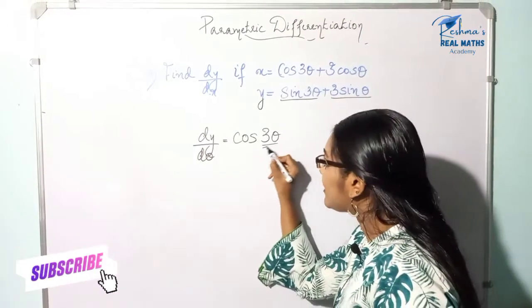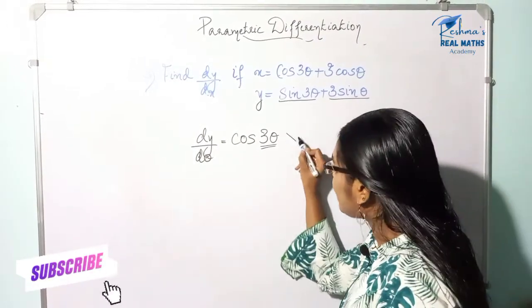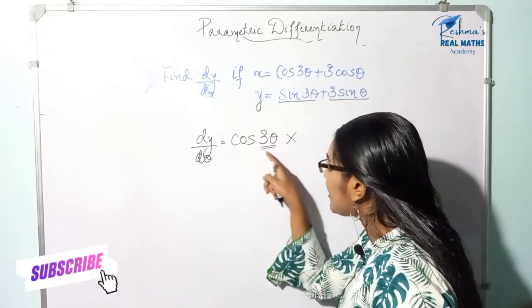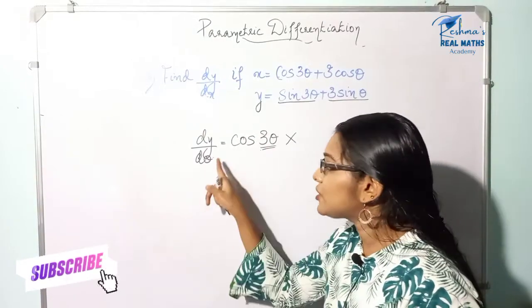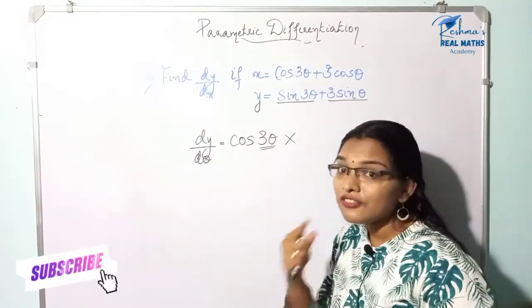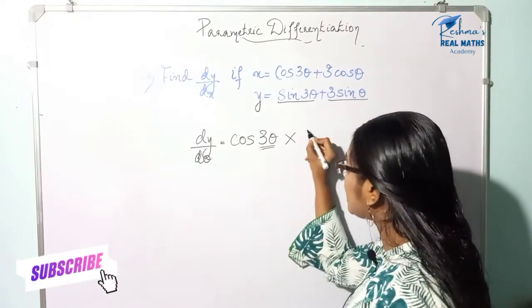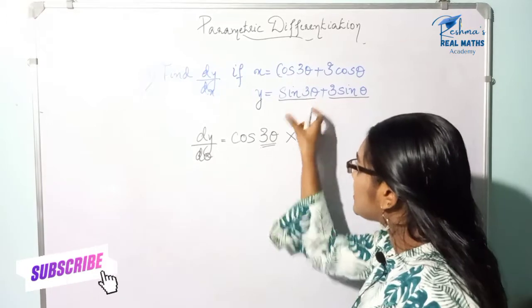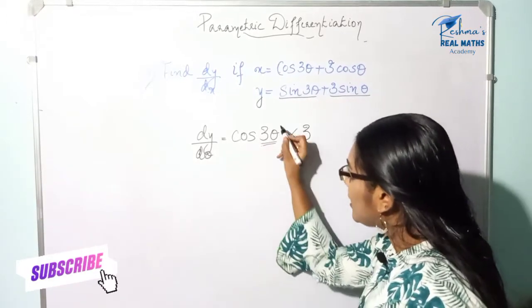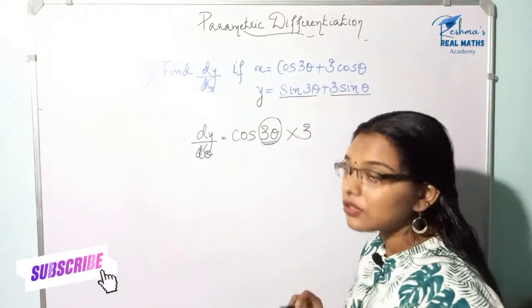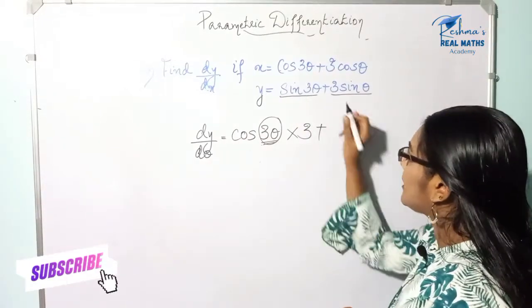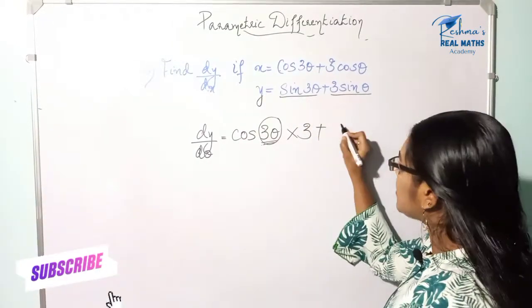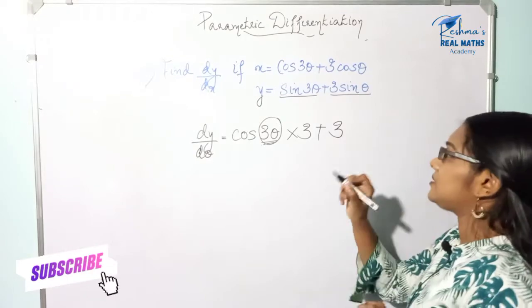Now, what we have to do? Here we have another function. So, we have to multiply this with the derivative of this function with respect to theta. What is the differential of 3 theta with respect to theta? It is 3, isn't it? So, this term's derivative is cos 3 theta into the differential of this term, that is 3, plus here this 3 is a constant. So, we write that 3 as such.